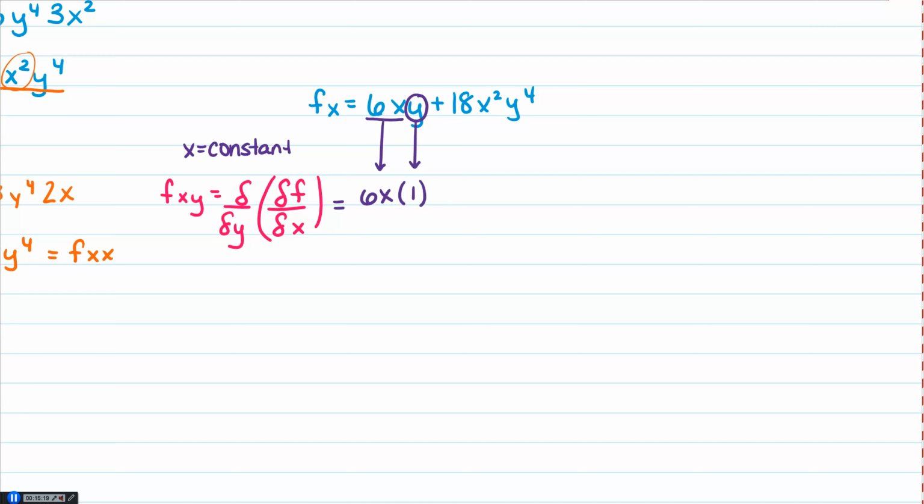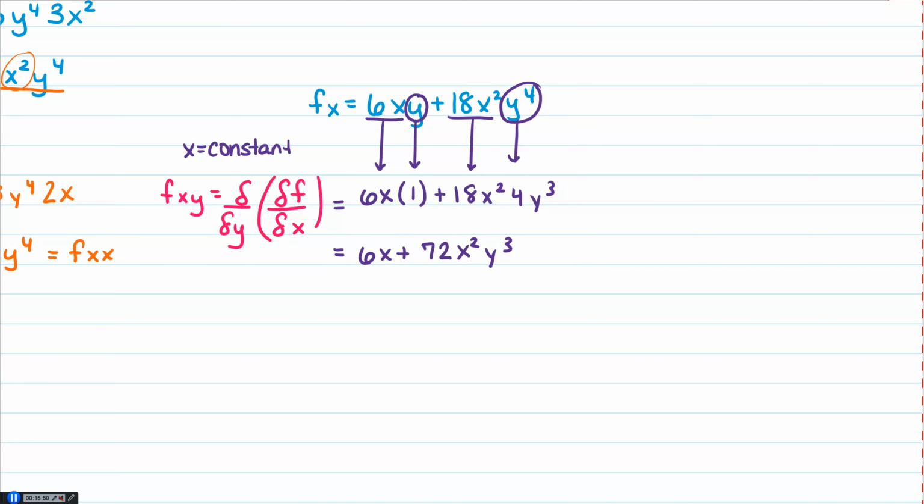And then on this next term, the 18 and the x squared come down. And then we'll take the derivative of y to the 4th, which is 4y cubed. So to clean this guy up, I have 6x plus 18 times 4, that's what, 72? So 72x squared y cubed.